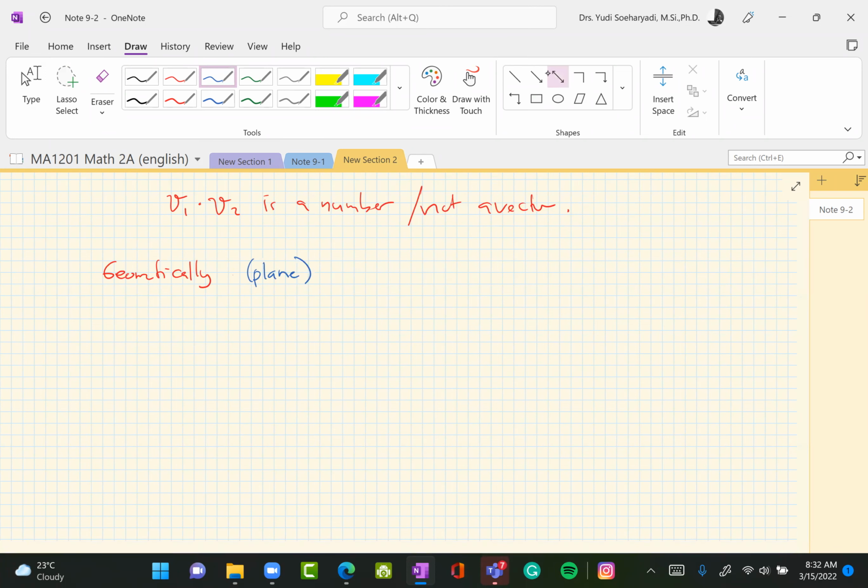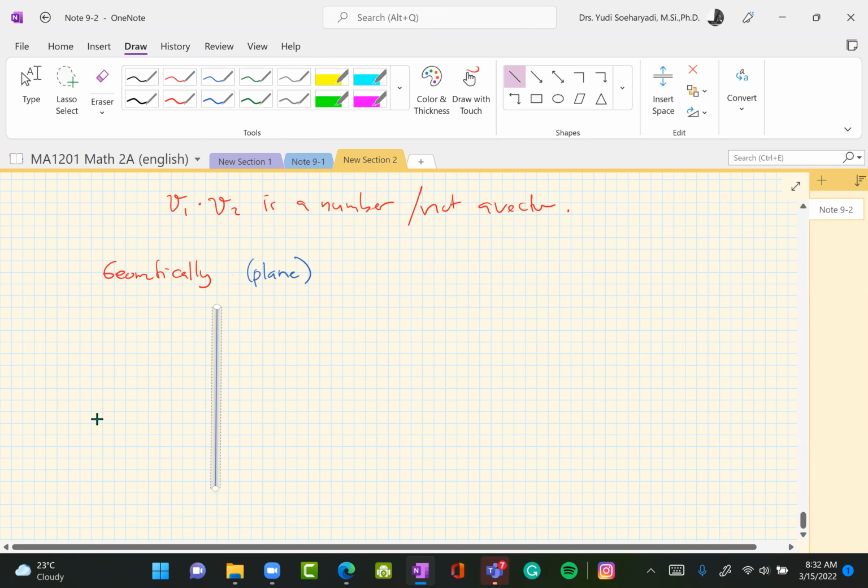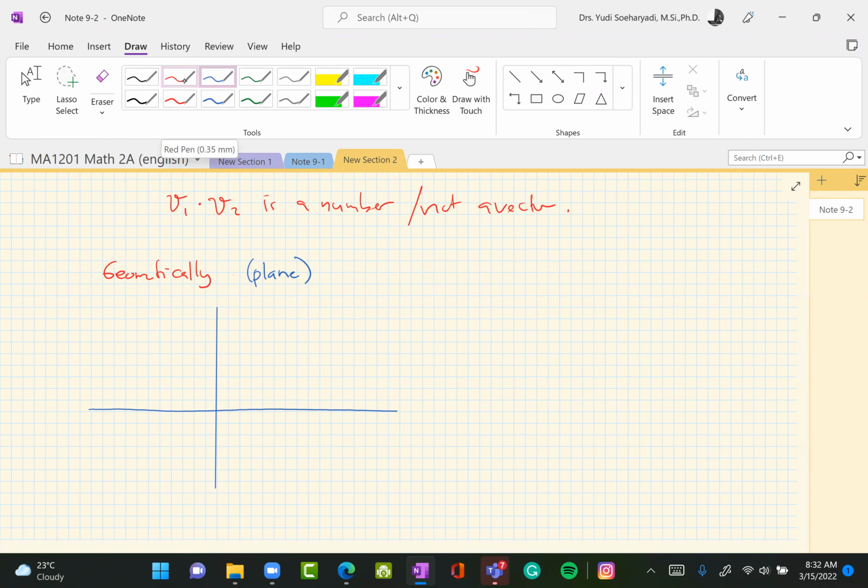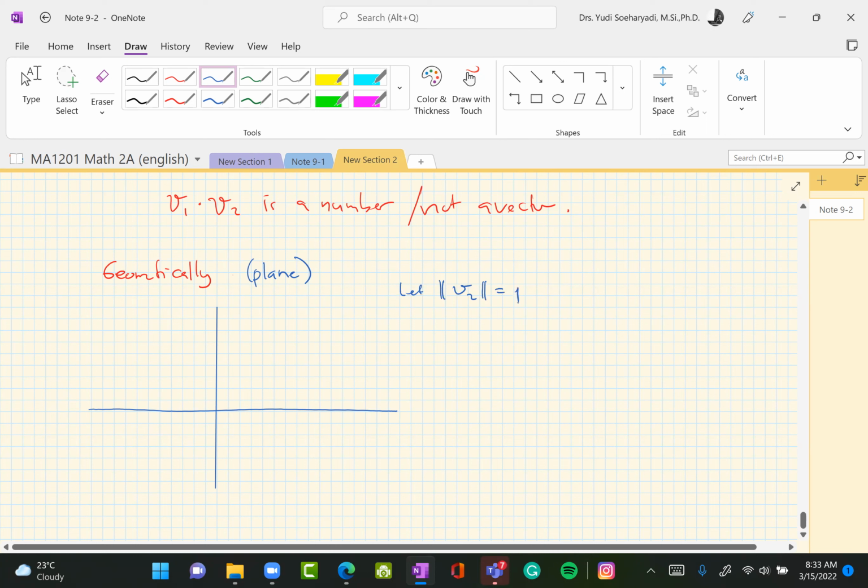Let's make this easy. Let V2 be just a unit vector.